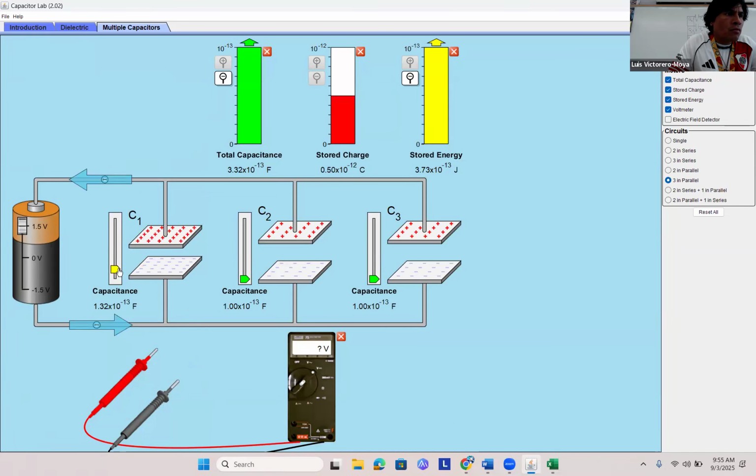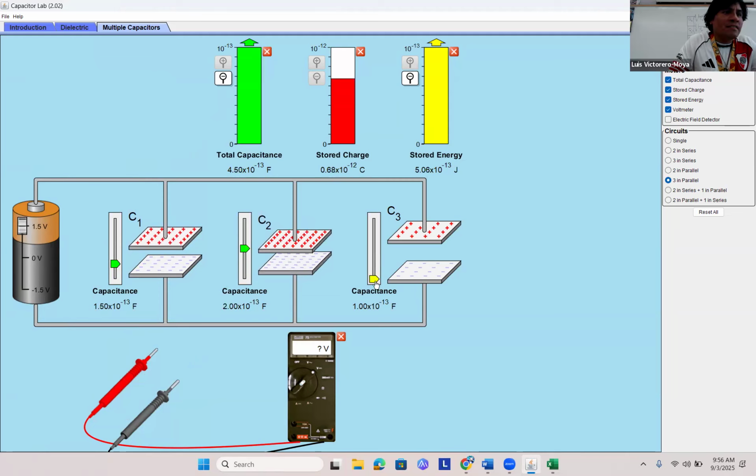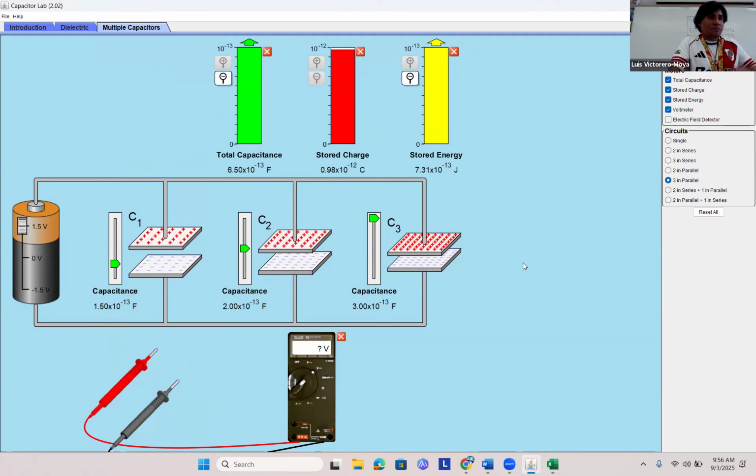So 1.5. Oh, it arranged it. If you get close to it, it does it for you. That's good. Notice how these values change, and they change because now this is in parallel. So C1 plus C2 plus C3 is the total capacitance. So that's what you have here.